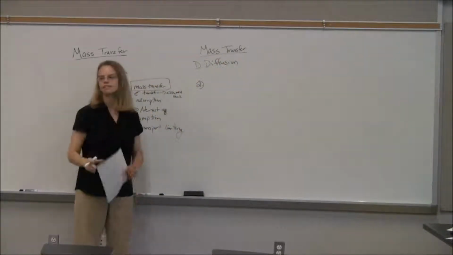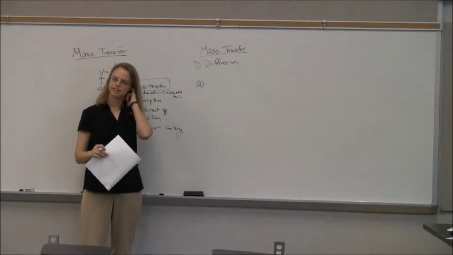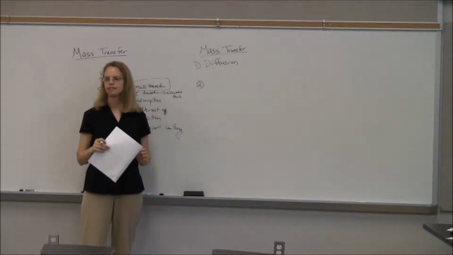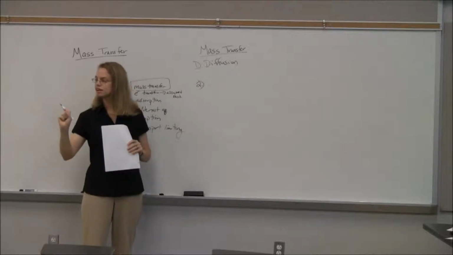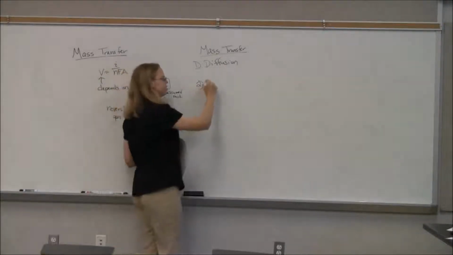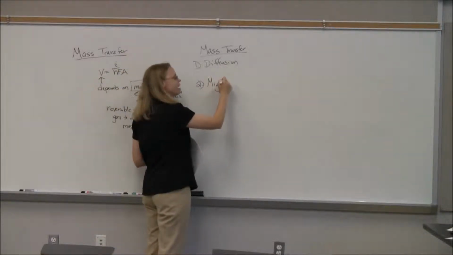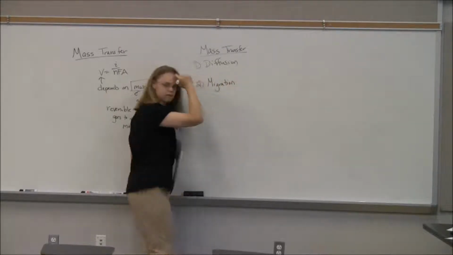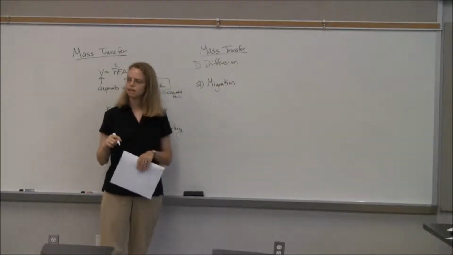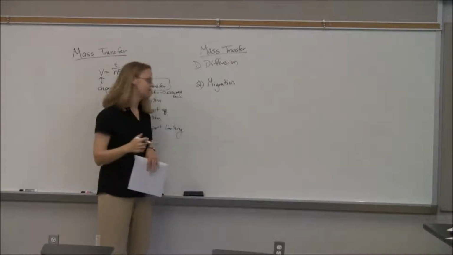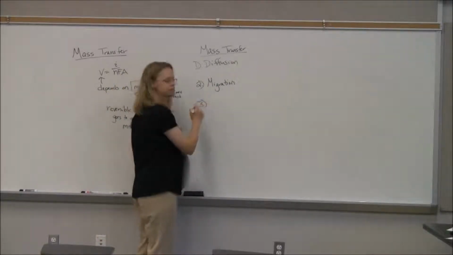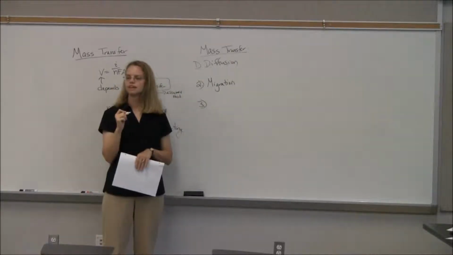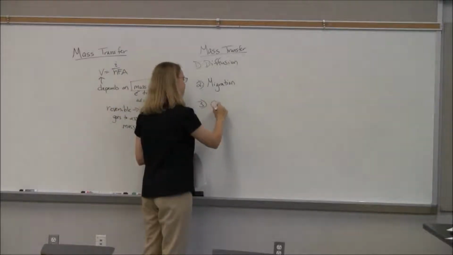Next, 2 more. We talked about one yesterday. Migration. We talked about migration yesterday, because we talked about the electrochemical potential and the fact that things are in an electric field if we're applying a potential. What was the last one? Convection. Convection, all right.